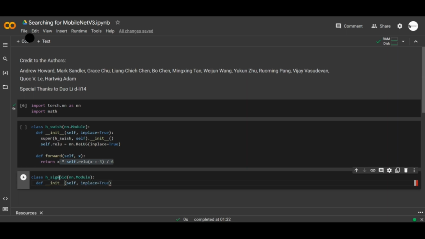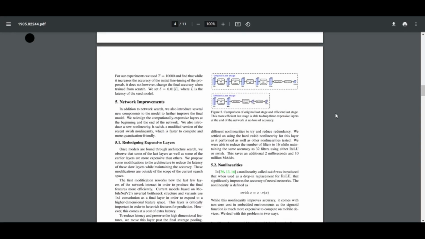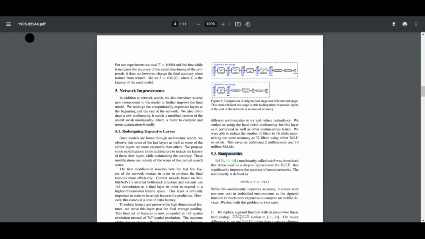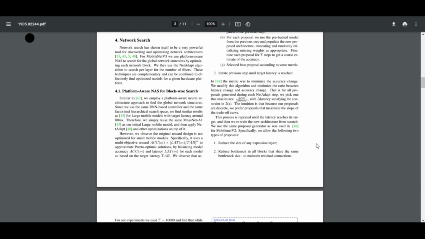Actually, I took this hard sigmoid from TensorFlow. It was written in TensorFlow, and I had to convert it into Torch because it was not shown here in the paper, unless I missed it. Here it's non-linearity. So sigmoid, it's not here.